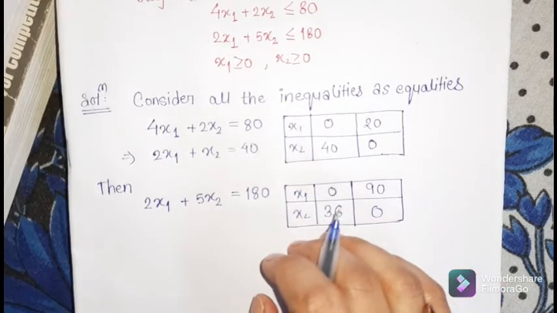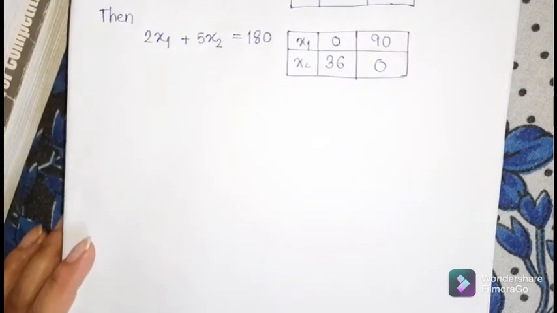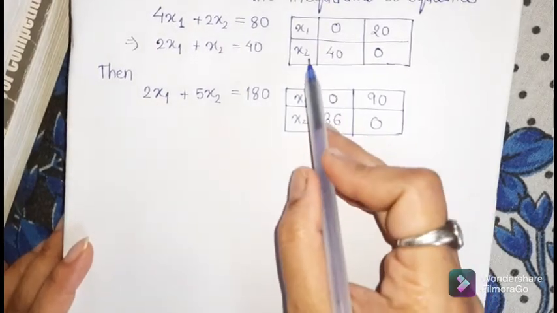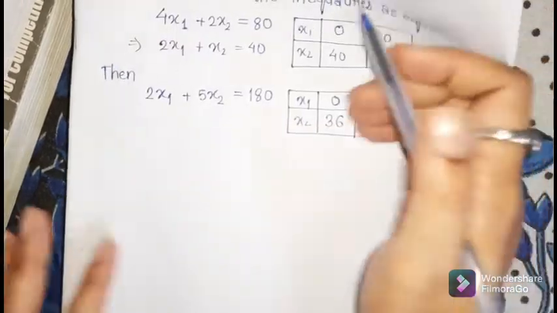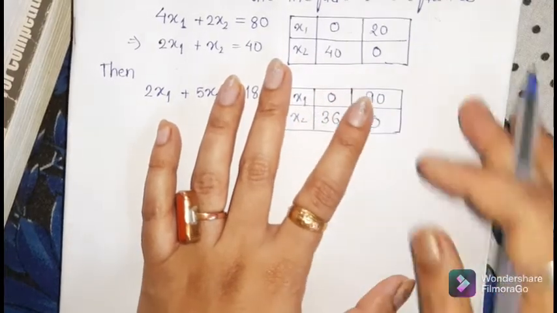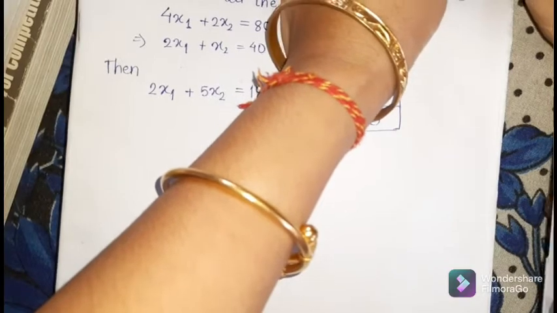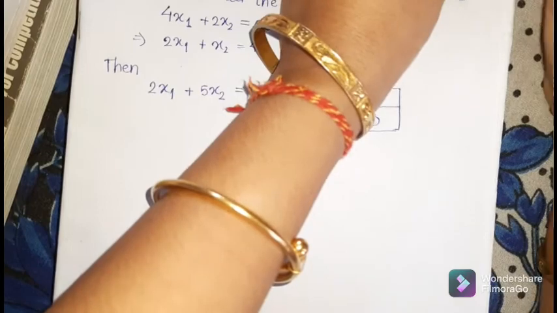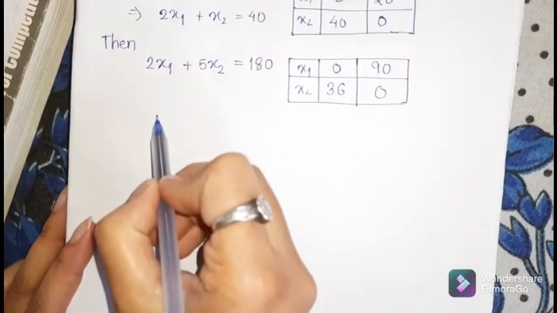Now we plot the graph. How do we plot the graph? Maximum x2 we have is 40 and x1 maximum is 90. You can consider x1 along the x-axis and x2 along the y-axis. So we draw the graph.